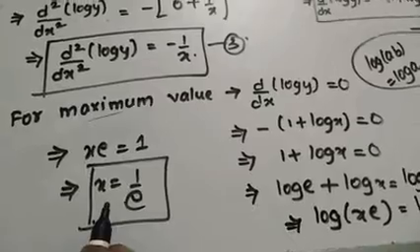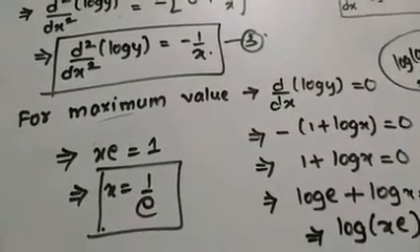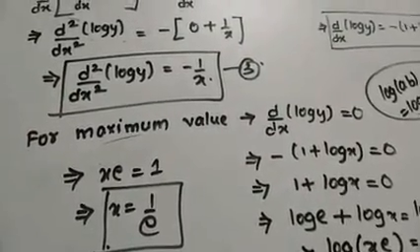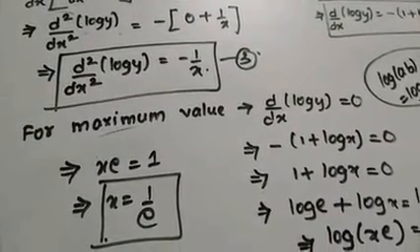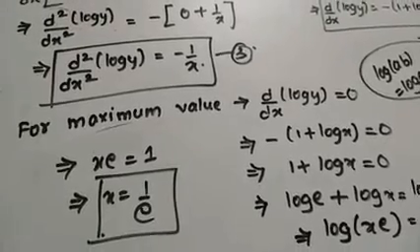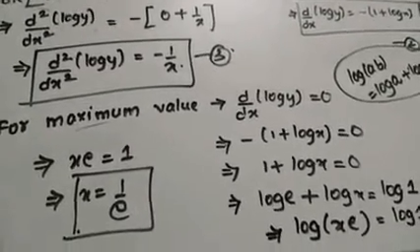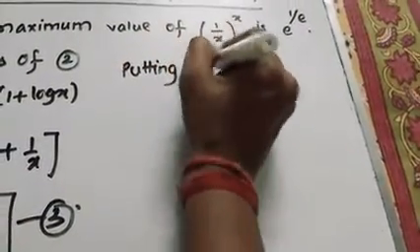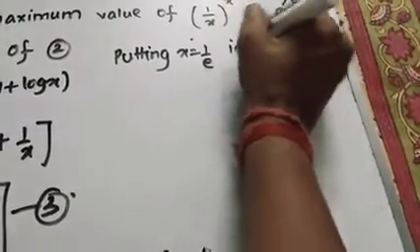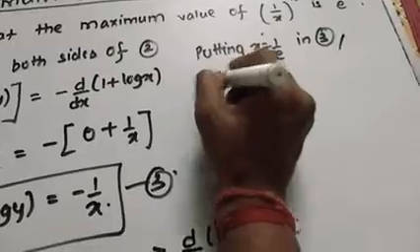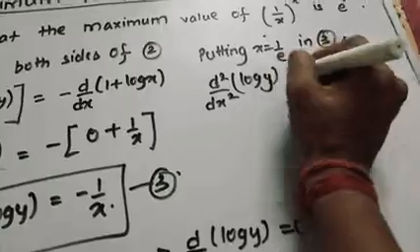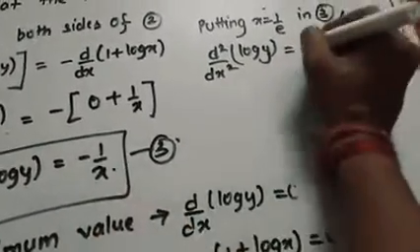Now we have to check whether this point gives maximum or minimum. So we put this point in our second order derivative and check: if it is negative, then it is maximum, and if it is positive, then it is minimum. So we write, putting x equals 1 by e in 3. This is our expression 3, d2 by dx2 of log y, which is minus 1 by x.